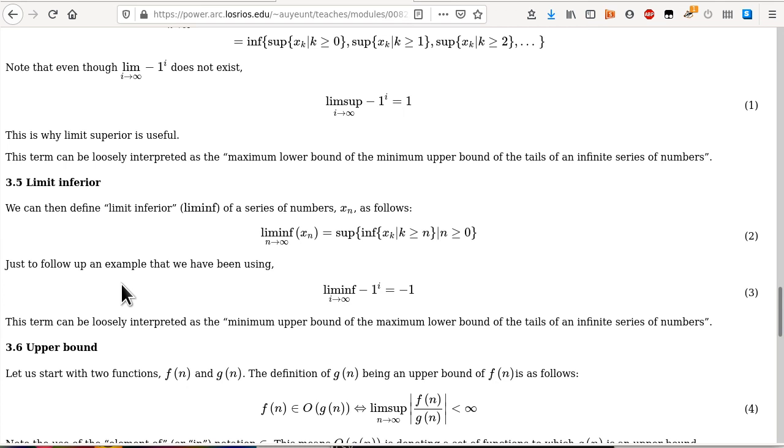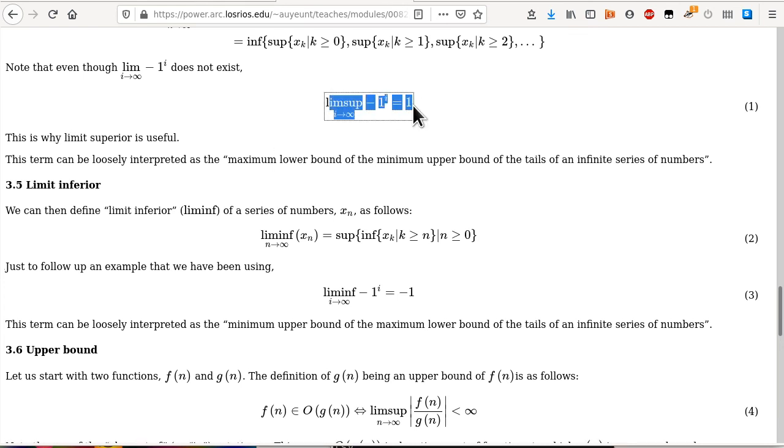Are we working okay with the concept of limit superior versus limit inferior? With an infinite sequence that keeps oscillating, it is not a problem. The limit superior is well defined, and you can also find the limit inferior of an oscillating sequence.